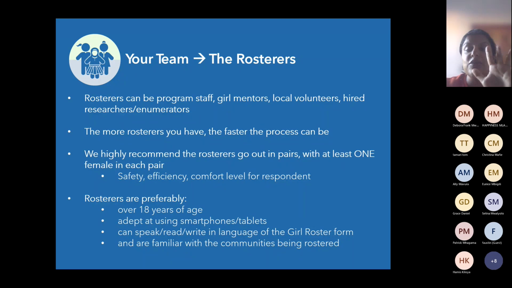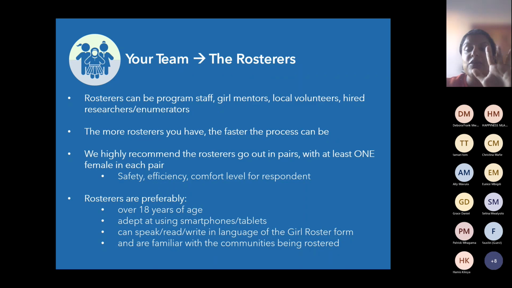So at least one person in the pair, the teams you send out, should be a woman. She can be the one who asks the questions. And if her teammate is a man, he can be the one who enters the answers on the phone. Now, if for any reason you get to a household and the person who wants to respond is a man, then you could switch if you'd like. Okay.